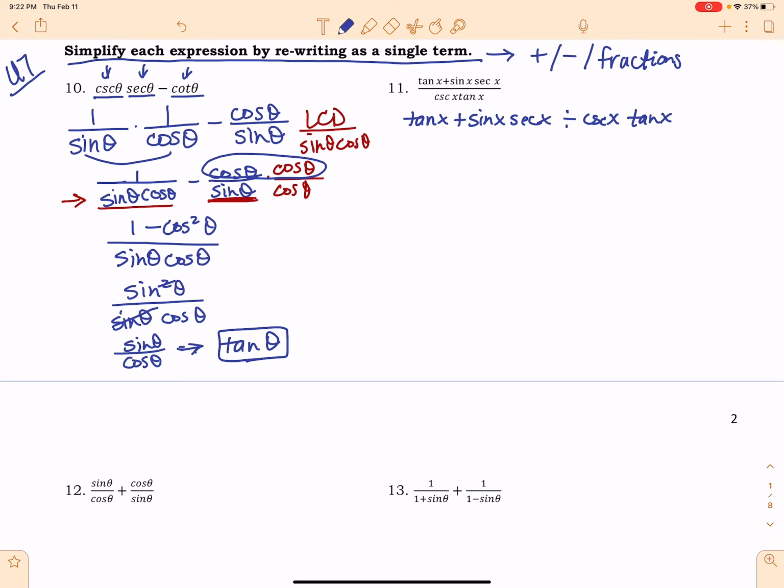All right, so like I said on number 10, when in doubt, let's try to change things into sine and cosine terms. So tangent, I'm going to change to sine x over cosine x. That's one of our quotient identities. Plus, I'm just going to leave sine x here, but I'm going to put it over 1 so that I'm using some consistency. And then secant x, I am going to change that.